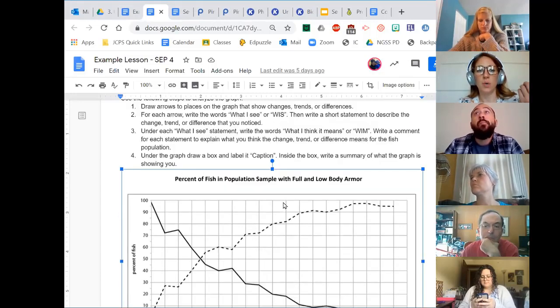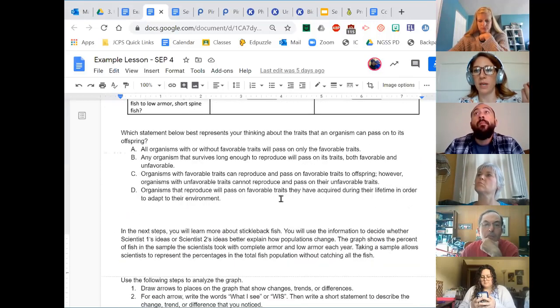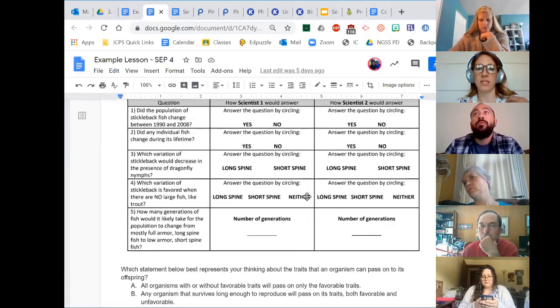Okay, so to set this up, we need students to be thinking about those ideas before they actually look at this data. And so to do that, we have this setup where they think about these science ideas, about the population changing.